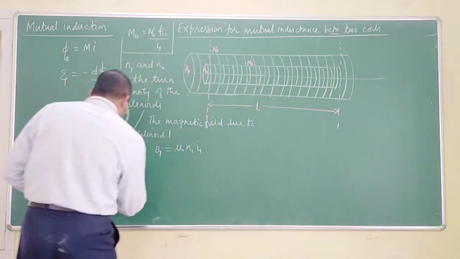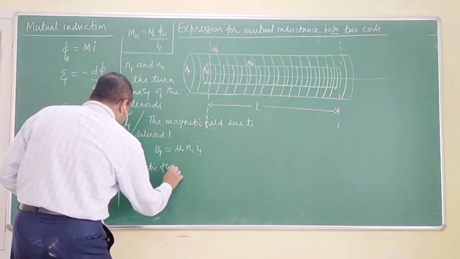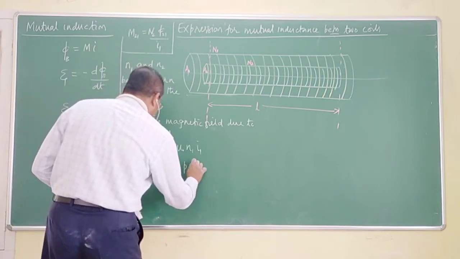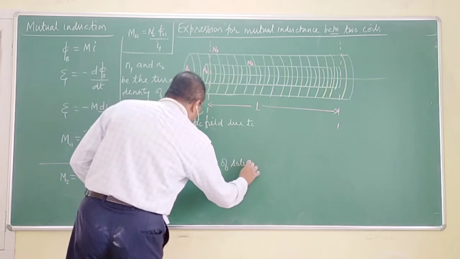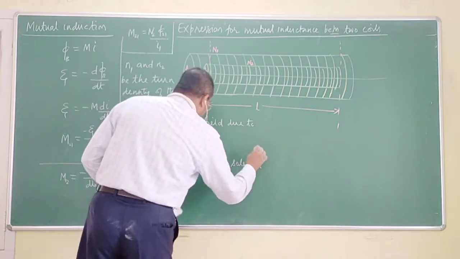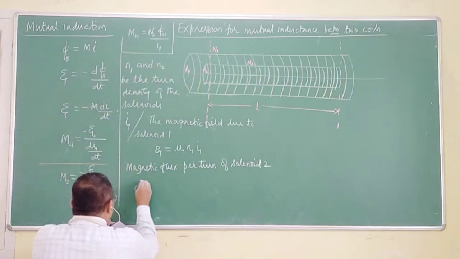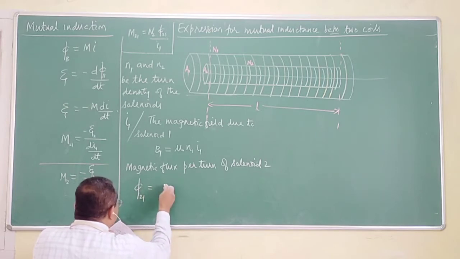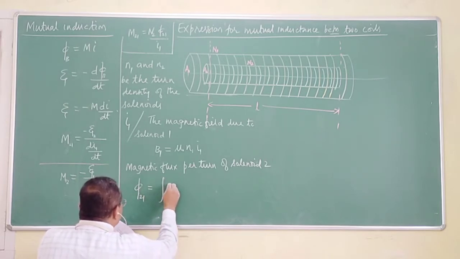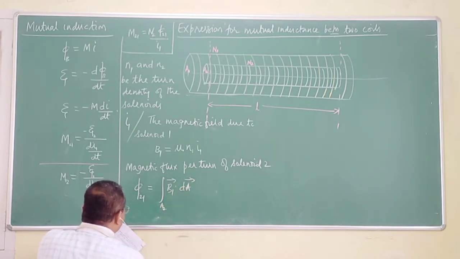Therefore, magnetic flux per turn of solenoid 2, okay? Magnetic flux per turn phi 21 is equal to integral B1 vector dot dA vector. This is for an area of A2.